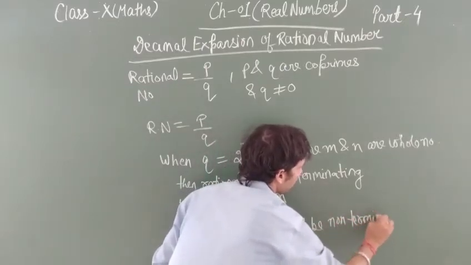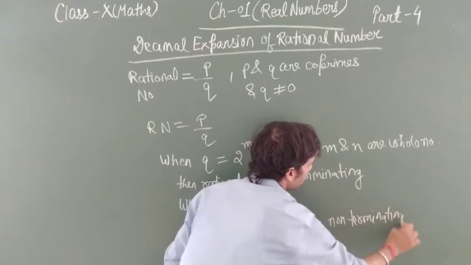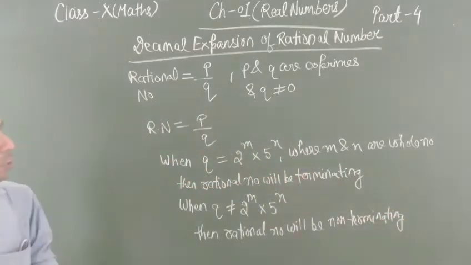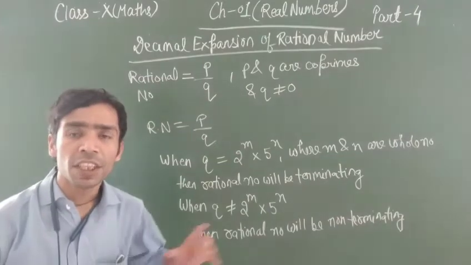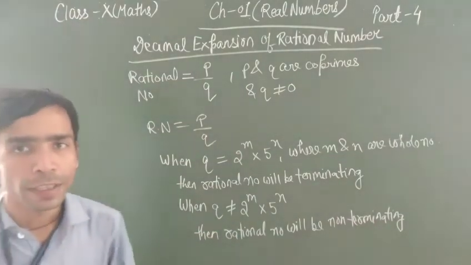There are two types of rational numbers, terminating and non-terminating. Like this, we have to identify whether a given rational number is terminating or non-terminating.